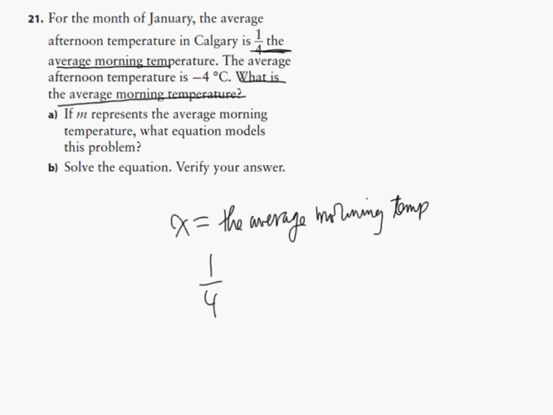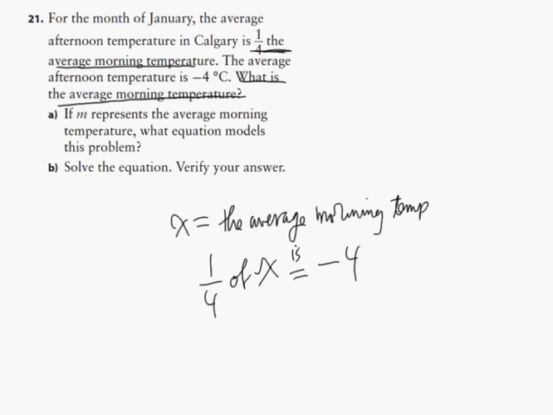So 1/4 of X, or 1/4 of the morning temperature, is the same thing as negative 4 degrees, which is the afternoon temperature. So when I set it up, I have 1/4 of X is equal to negative 4 degrees.